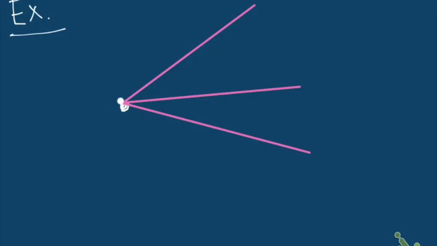So here's our endpoint, or our vertex. Here's a point, here's a point, here's a point, and we need to give these names. We'll give these V, S, T, and R. And these, of course, are rays, so they go on forever.